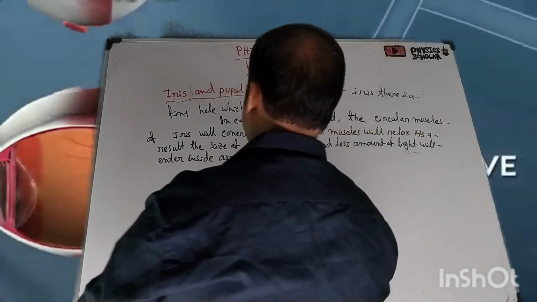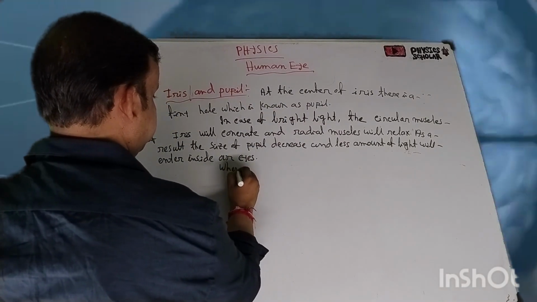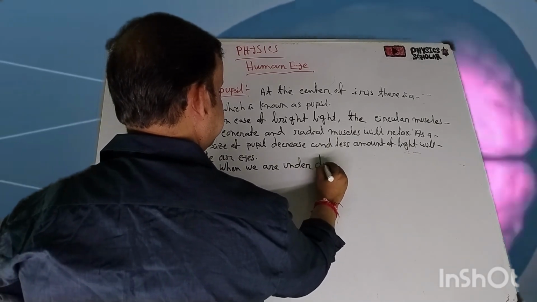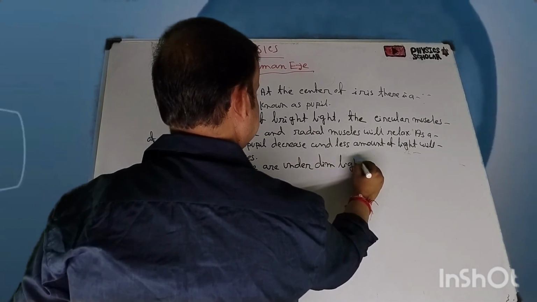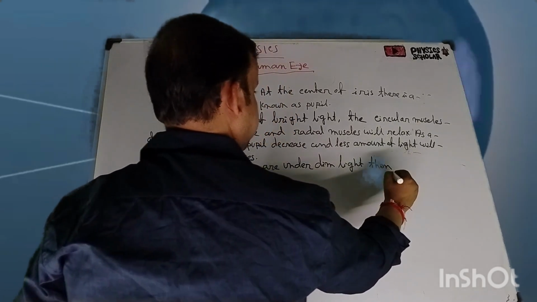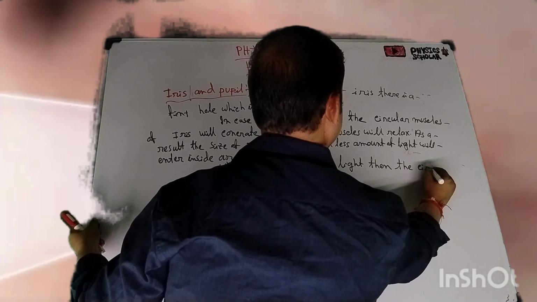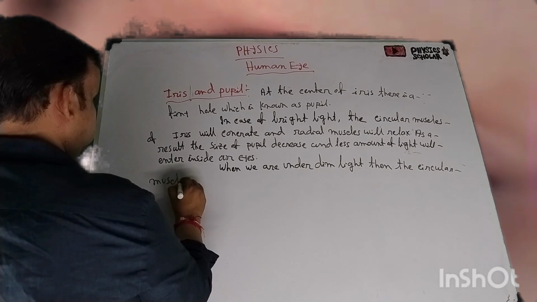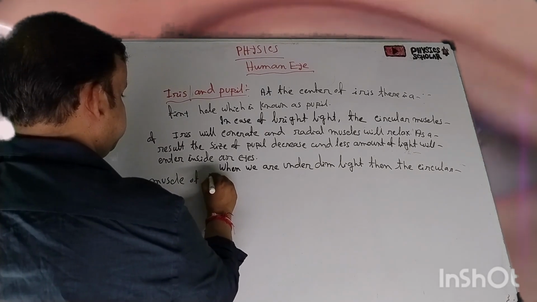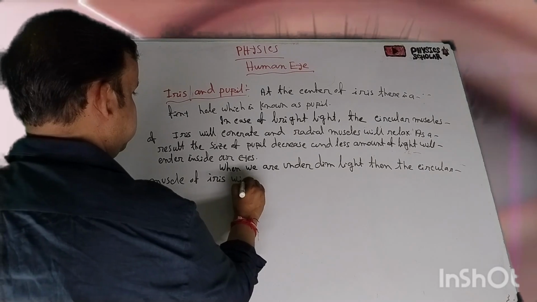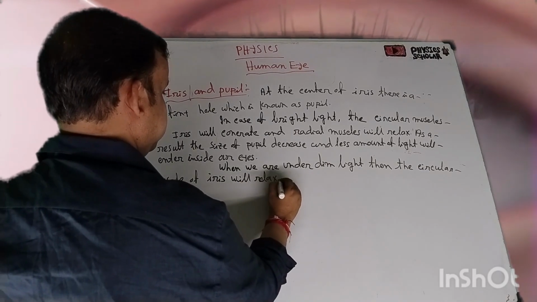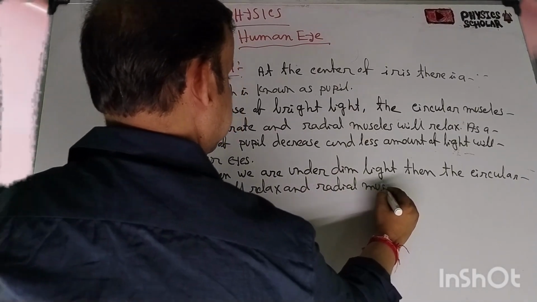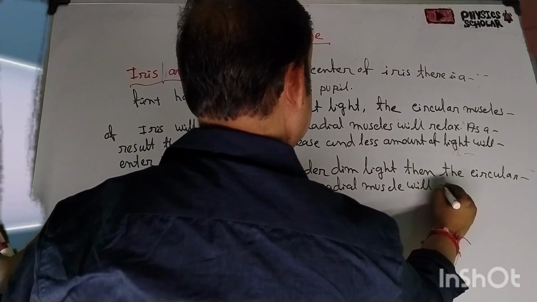In the opposite case, when we are under dim light, then the circular muscle of the iris will relax, and the radial muscle will contract.